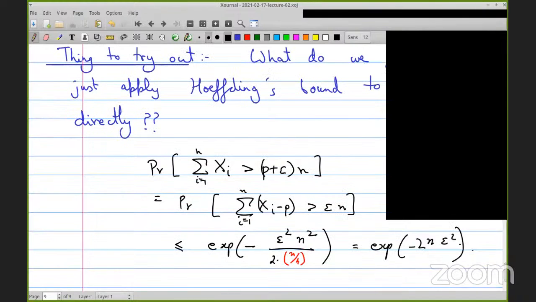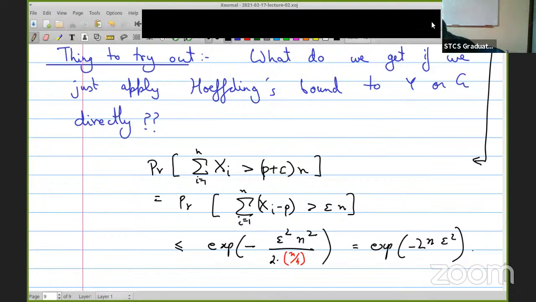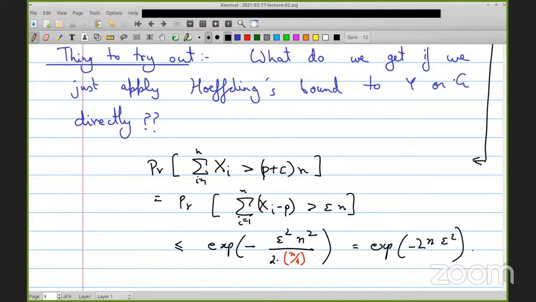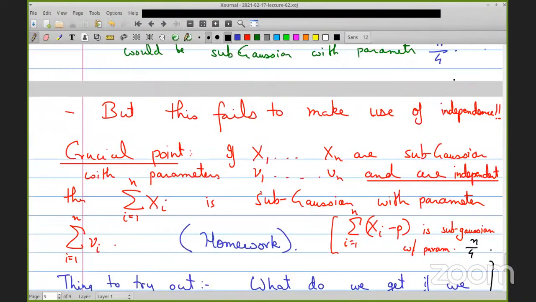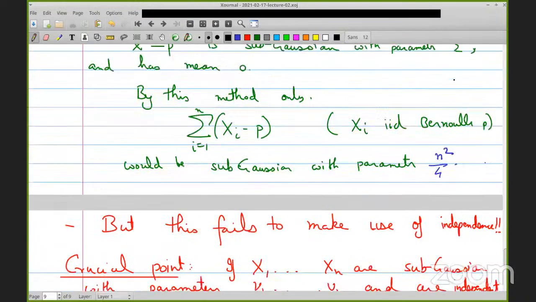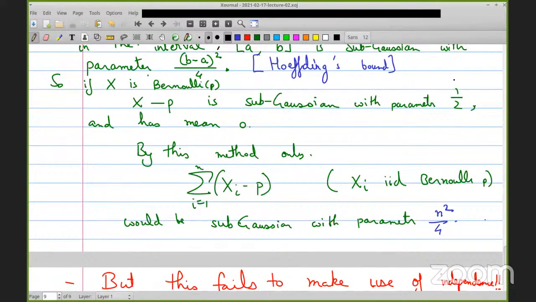Piyush, can you go back to the last slide? You wrote down that the summation xi minus p is sub-Gaussian with parameter n squared by 4. How is this 4 coming into the picture?